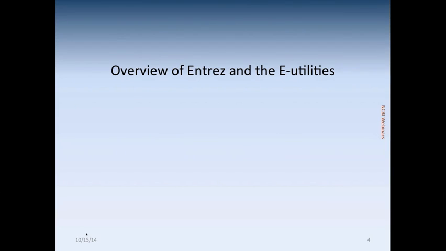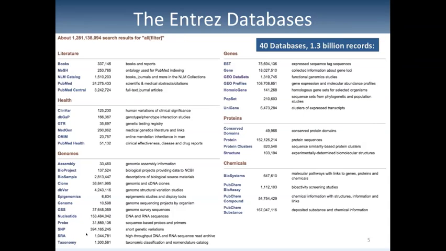So let's get started. We're going to basically start with a general overview of Entrez and the utilities. The Entrez system at NCBI now houses approximately 40 databases and well over 1 billion different records.